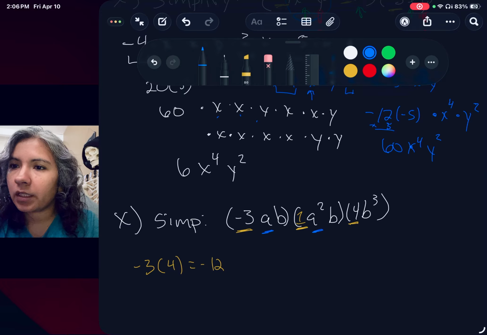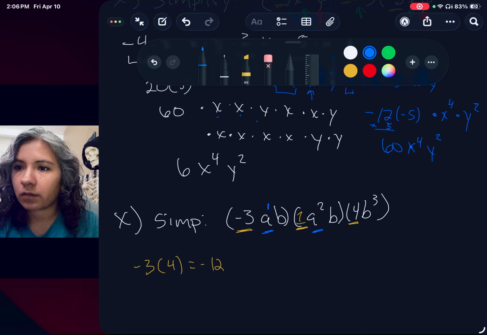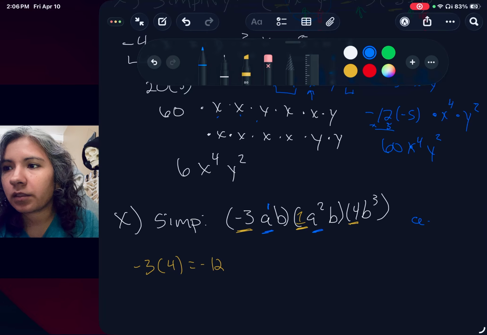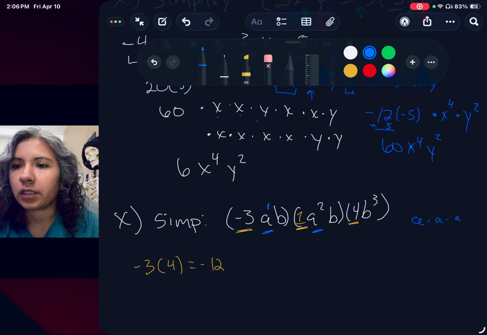Now, our variable a is a to the 1 and a squared, which is the same as a times a times a, right? That's 3 times. But I'm just going to add my 2 plus 1, which is a cubed.